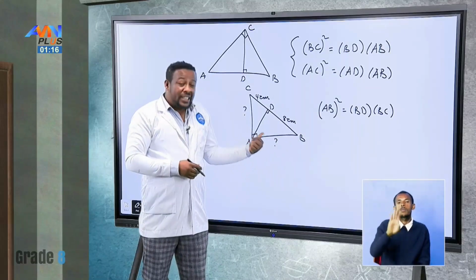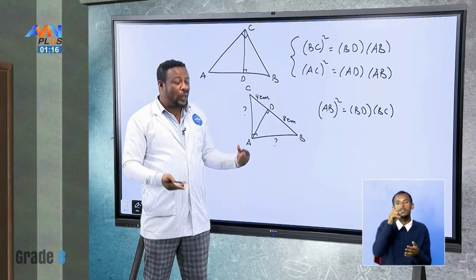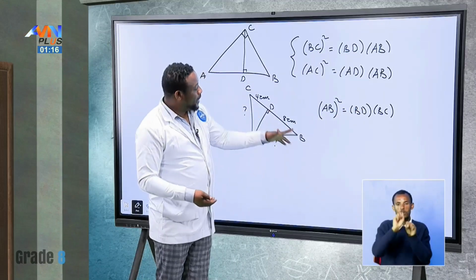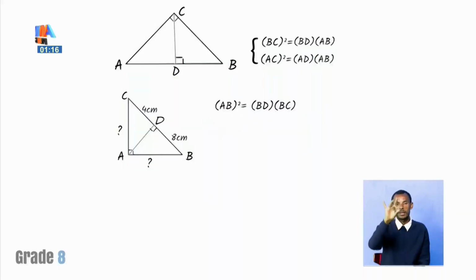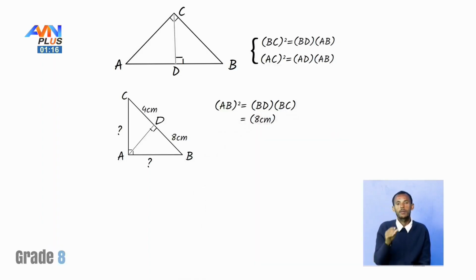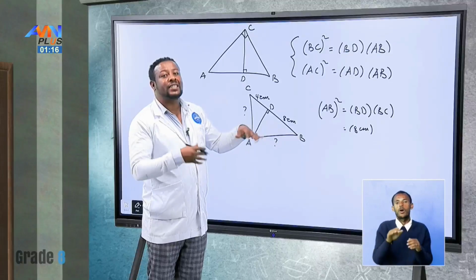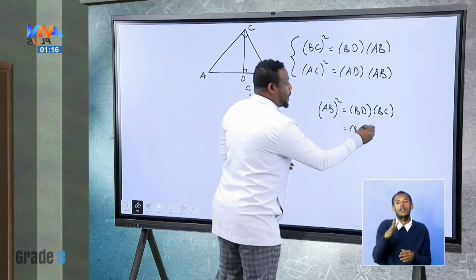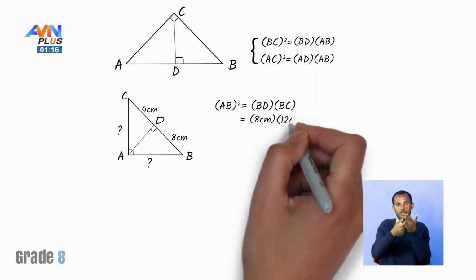Okay, so in this case, if the question is to calculate AB, use this product. So BD is 8 centimeter, and BC is the whole hypotenuse. It's the sum of these two adjacent sides, which is 12 centimeter, right? So this is 12 centimeter.